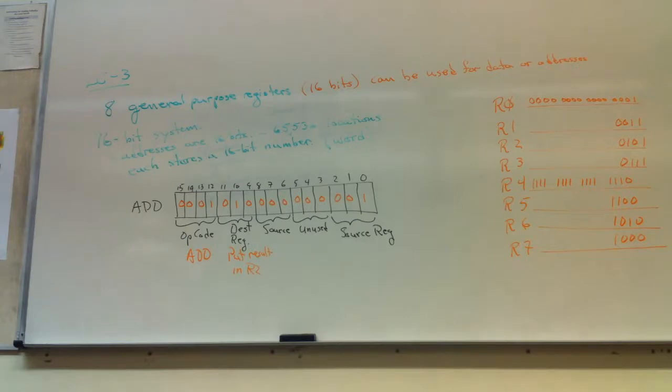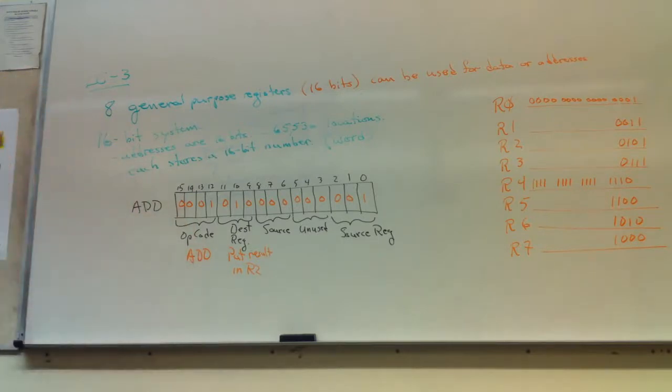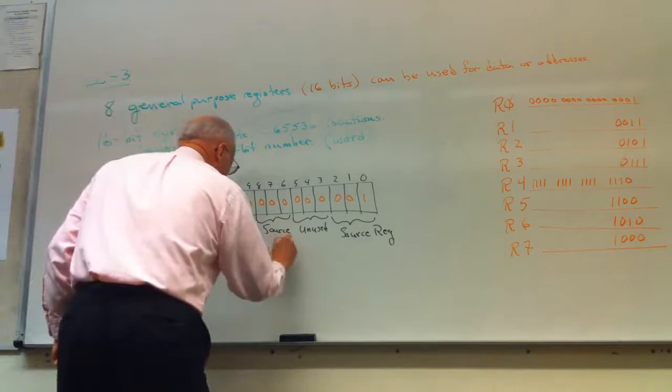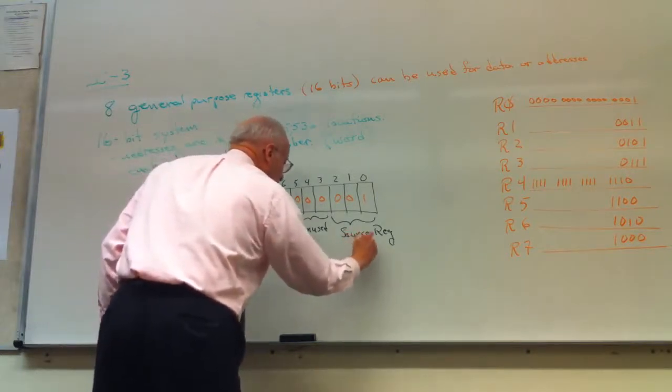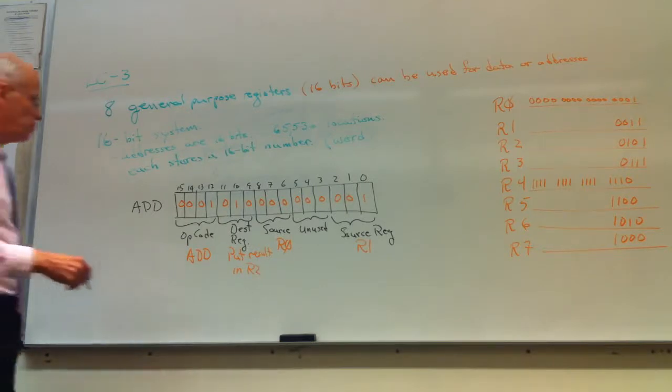First, what is the operation you're going to do? In this case, it's add. Then you have to specify what you're going to add. Those are the source operands. This is register 0, this is register 1. So this instruction says add register 0 and register 1 and put the result in register 2.